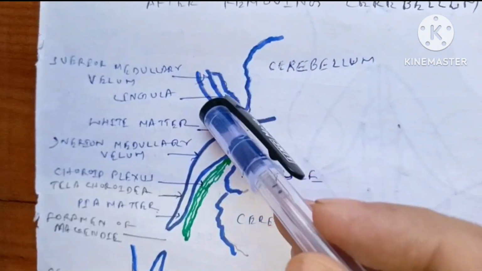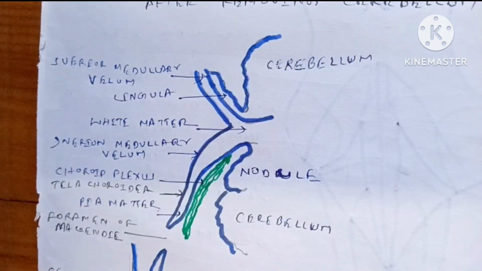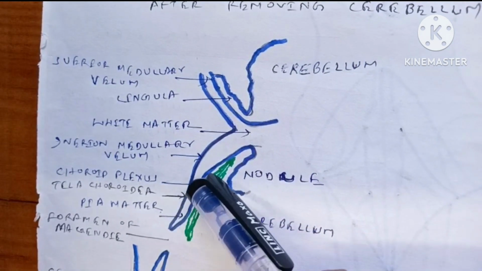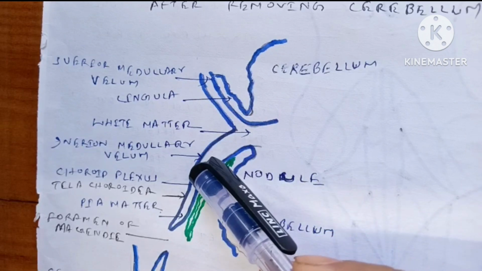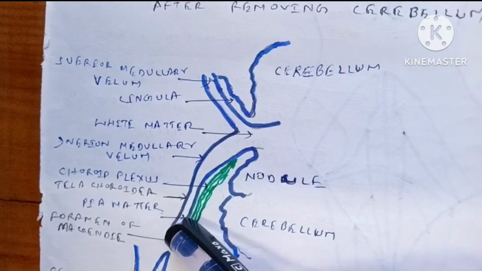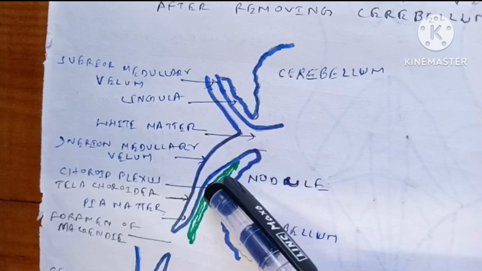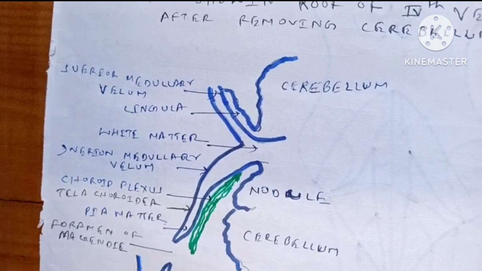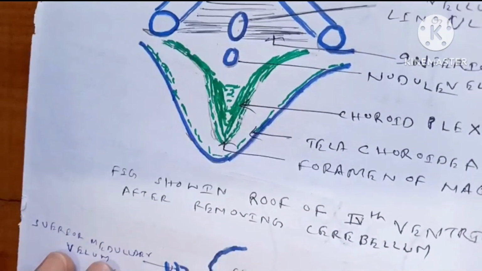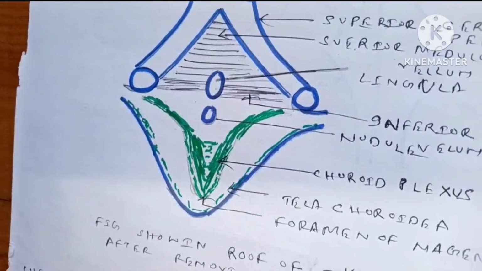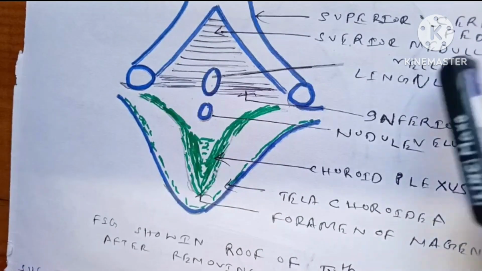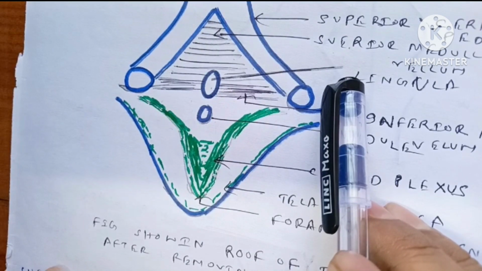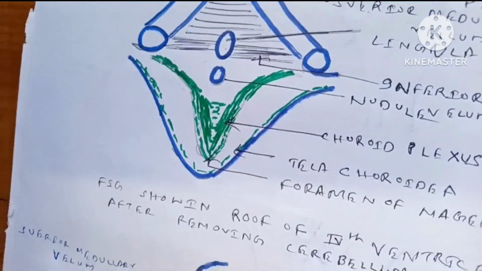Here is the fold of pia mater, called the tela choroidea, and within this pia mater the choroidal vessels are present, that is called the choroid plexus.